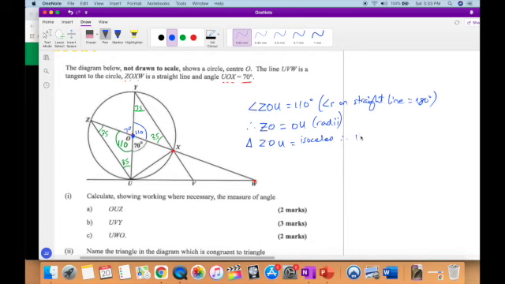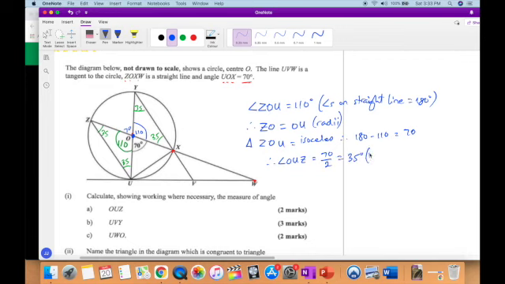Therefore, 180 minus 110 is equal to 70. Therefore, angle OUZ is equal to 35, which is 70 divided by 2, which is 35. Why?